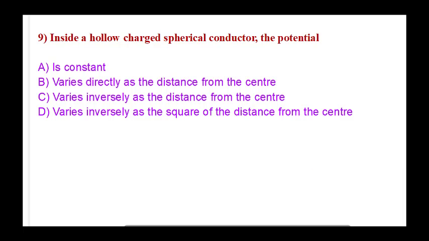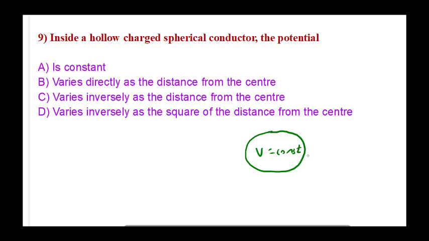Next is question number 9. Inside a hollow charged spherical conductor, the potential is constant, or varies directly as the distance from the center, or varies inversely as the distance from the center, or varies inversely as the square of the distance from the center. Now see, inside the charged conductor, the potential is constant, V is constant.